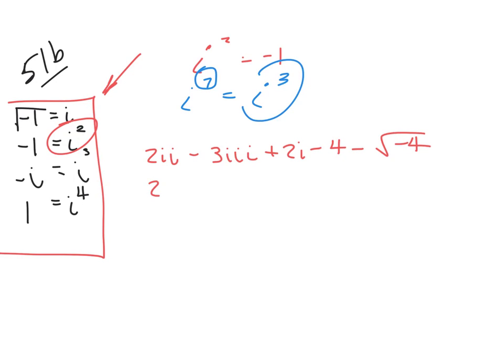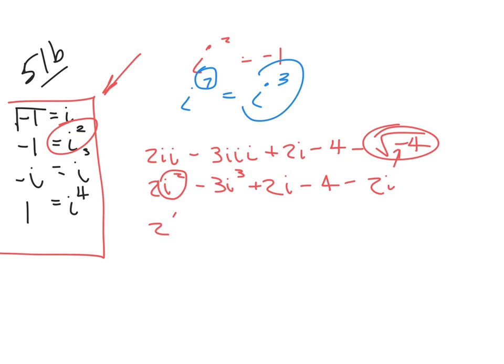So this is going to be 2i squared minus 3i cubed plus 2i minus 4 minus, remember when you have a negative there, you bring an i out and you have the square root of 4. We know the square root of 4 is 2, so that's minus 2i. Alright, i squared is negative 1, and i cubed is negative i.